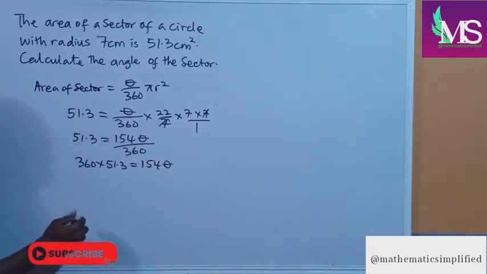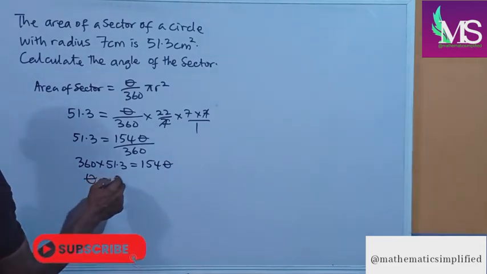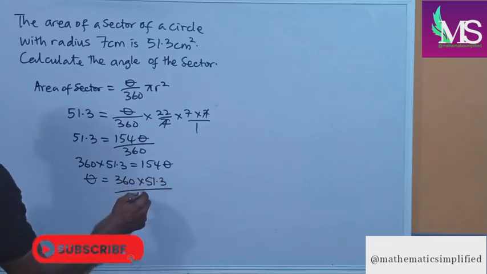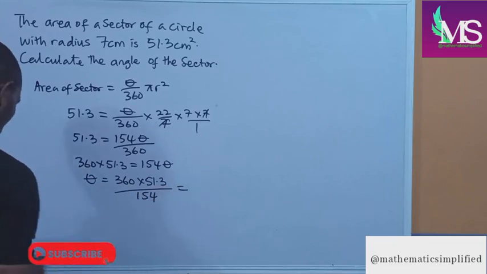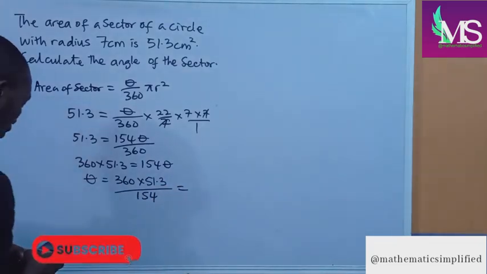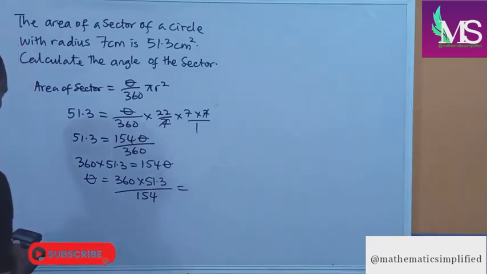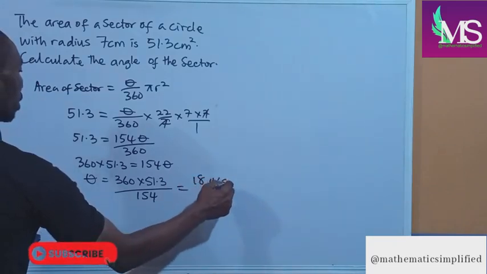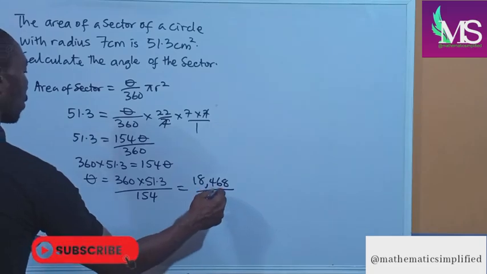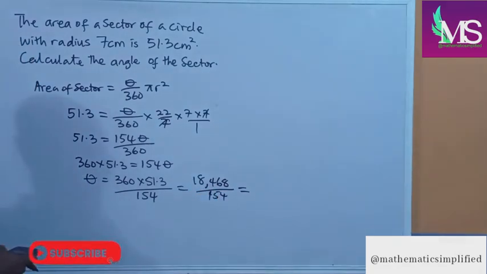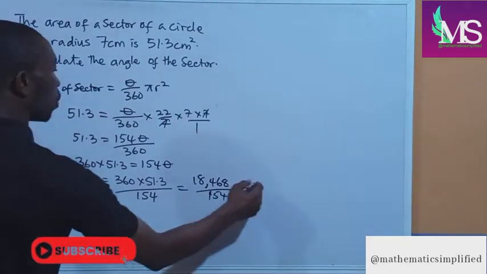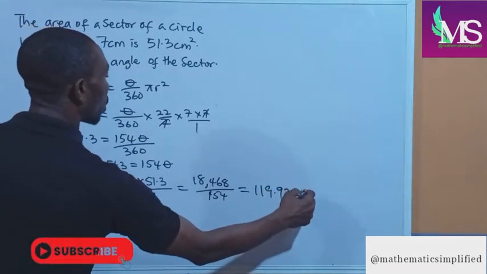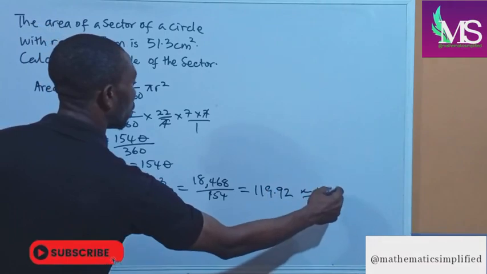This becomes 360 times 51.3 equals 154 theta. So dividing by 154, our theta will become 360 times 51.3 all over 154. 360 times 51.3 gives us 18,468, and dividing by 154 gives us 119.92, which is approximately 120 degrees.